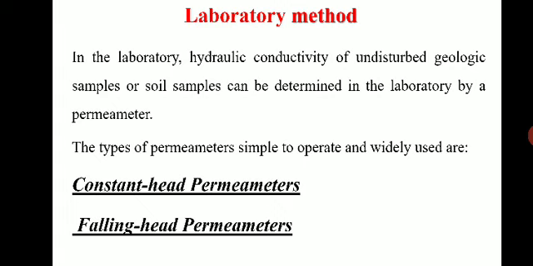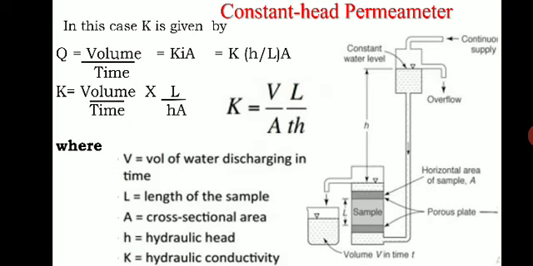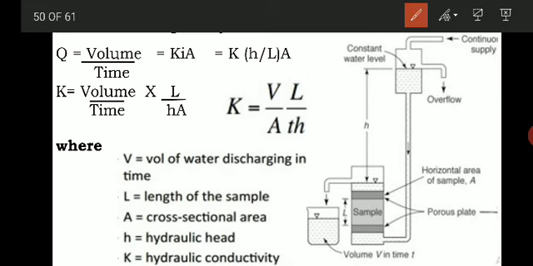So there are two types. One is constant head permeameter and the other one is falling head permeameter. So what is that? Constant head permeameter. In constant head permeameter, as you can see here in the figure, there is a continuous supply of water from the top, and this is the sample which is under observation.